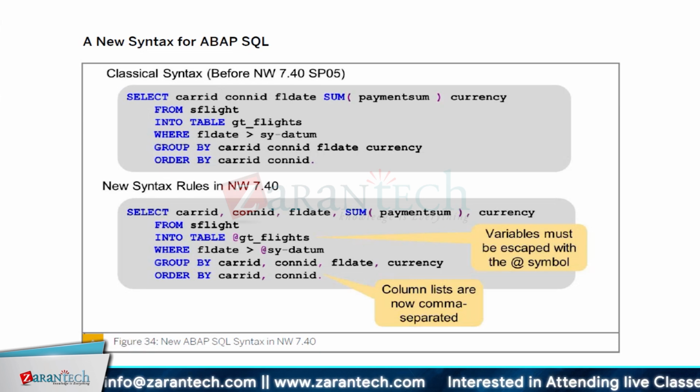This is the new syntax rules in ABAP 7.4. The @ symbol we are using nowadays for dynamic declarations, for dynamic field uses in our select queries. I think you are using these things in your regular coding also, and internal tables and standard system fields get separated by the @ symbol in the new syntaxes.